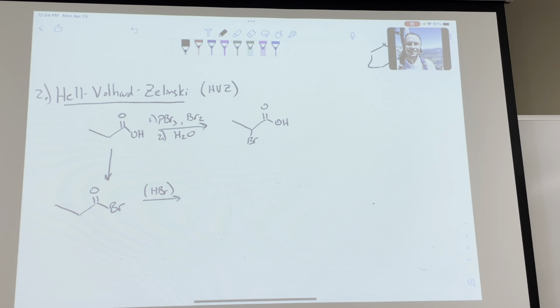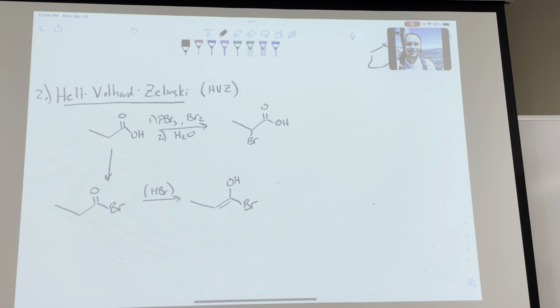It's just generated as you form the acid bromide. Right? So that HBr is enough to cause the enolization, like that.